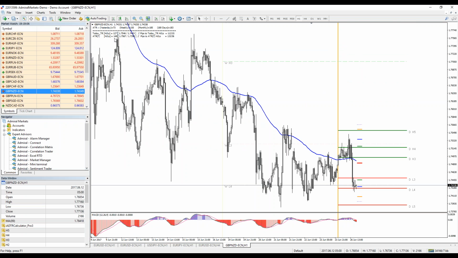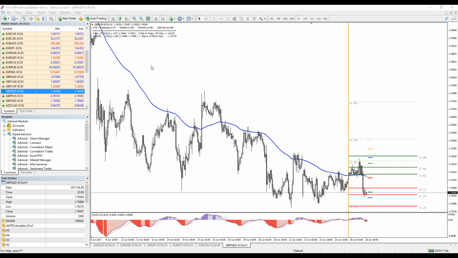See, even in not so volatile market conditions, pound New Zealand is still having a big ATR. I will just correct this ATR to 14. You see, 187 pips is ATR of pound New Zealand.